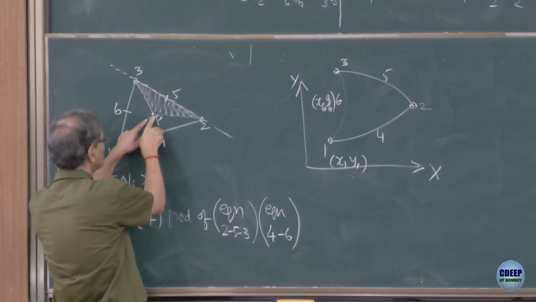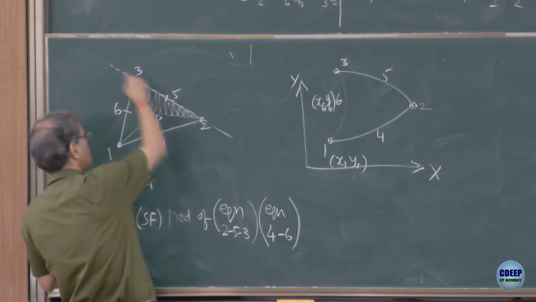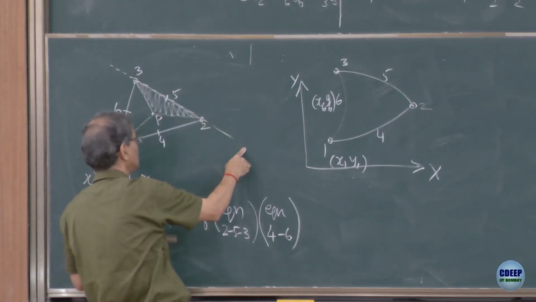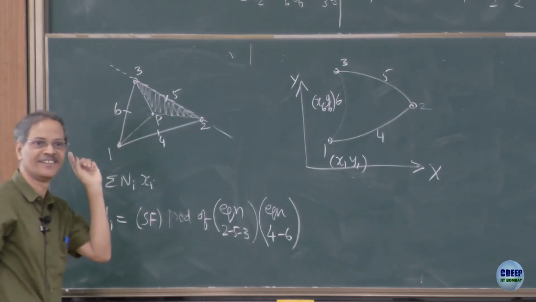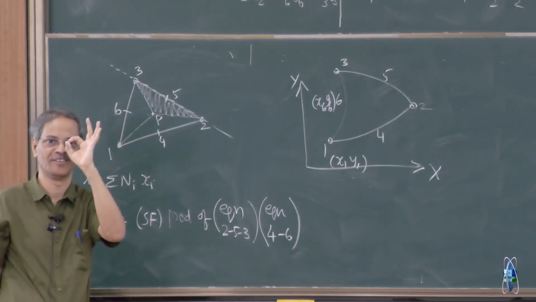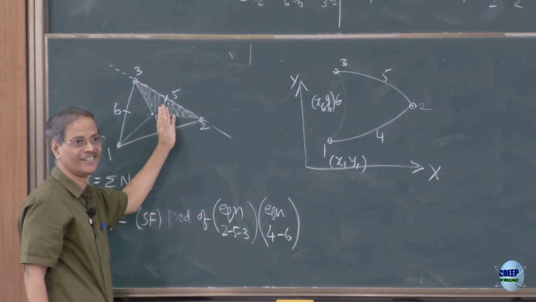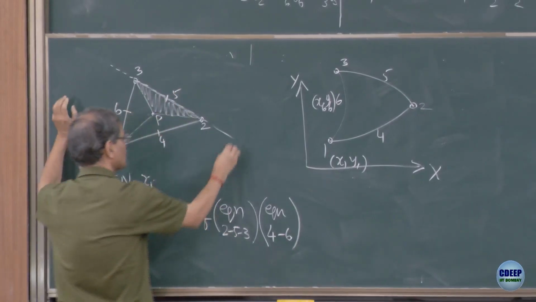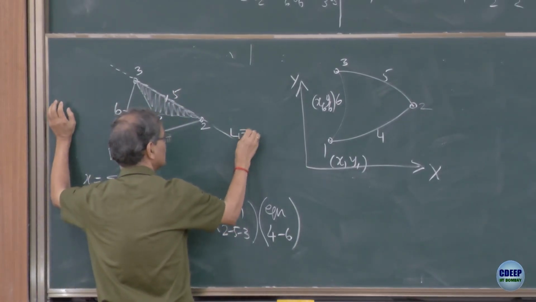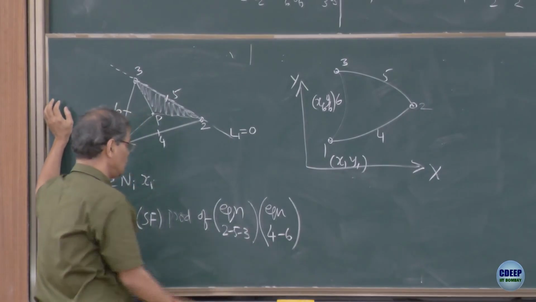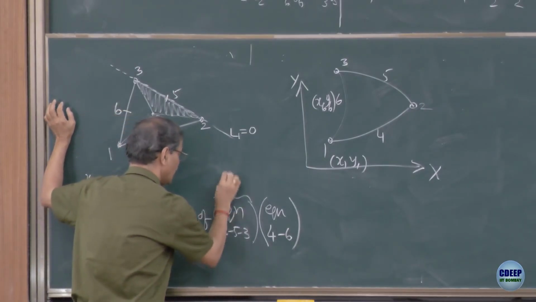Now, as P approaches this and lies on this edge 253, what would be L1? 0, because this area shrinks and becomes 0. So the equation of the line is simply L1 equal to 0. So this I will write simply as L1.